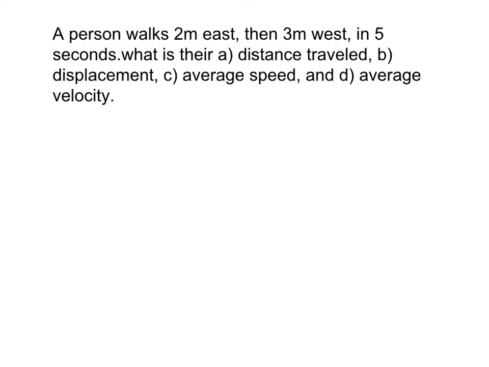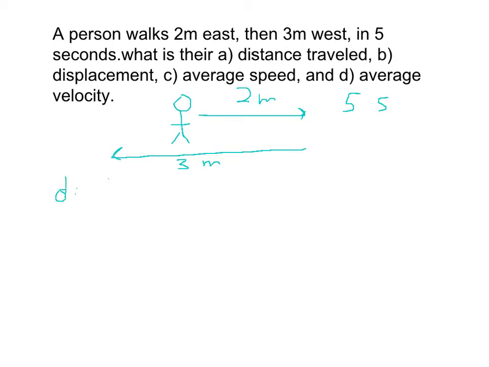Okay, let's put all this together and try to answer this question. A person walks 2 meters east, then 3 meters west, in 5 seconds. Okay, what is their distance traveled? Well, they went 2 meters one way and 3 meters the other way. Their distance traveled is 5 meters. Distance is never going to be negative. Doesn't matter which direction this person is traveling, their distance keeps accumulating.